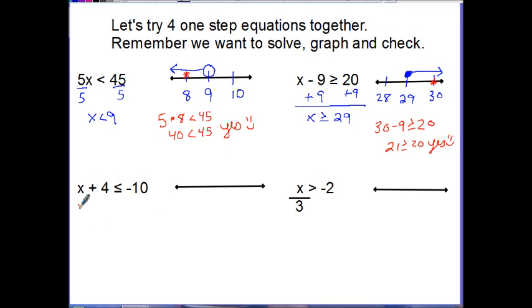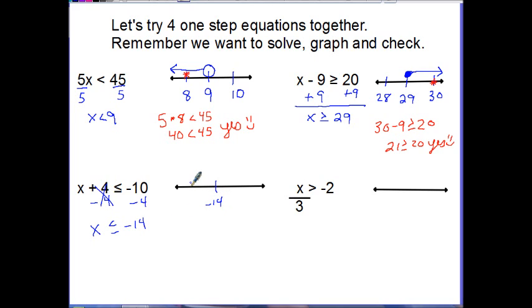Next one. X plus 4 is less than or equal to negative 10. Let's go ahead and solve. The opposite of plus 4 would be minus 4. Let's do that to both sides. They cancel out. And I'm left with x is less than or equal to negative 14. Negative 14 is going to go in the middle.